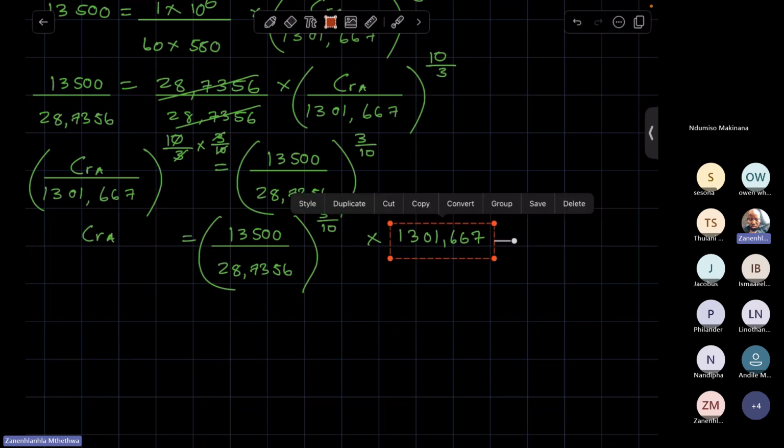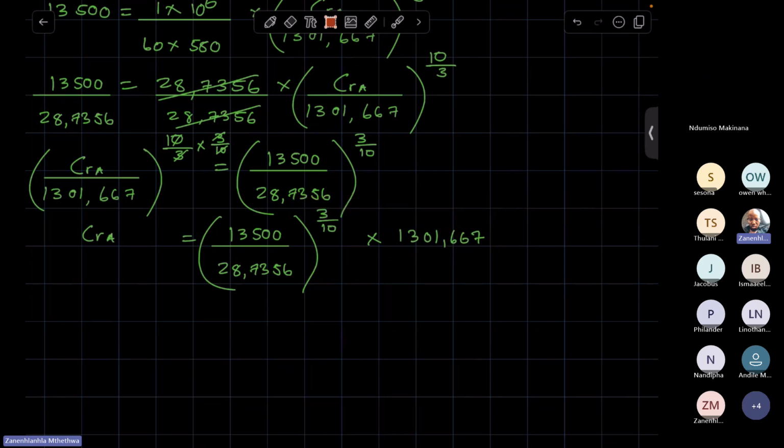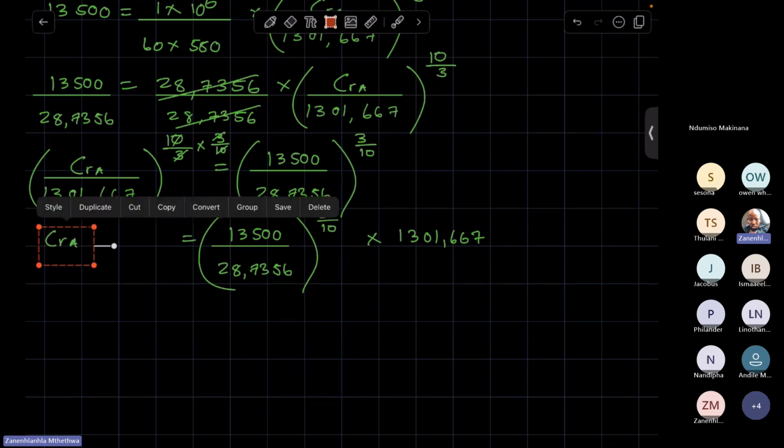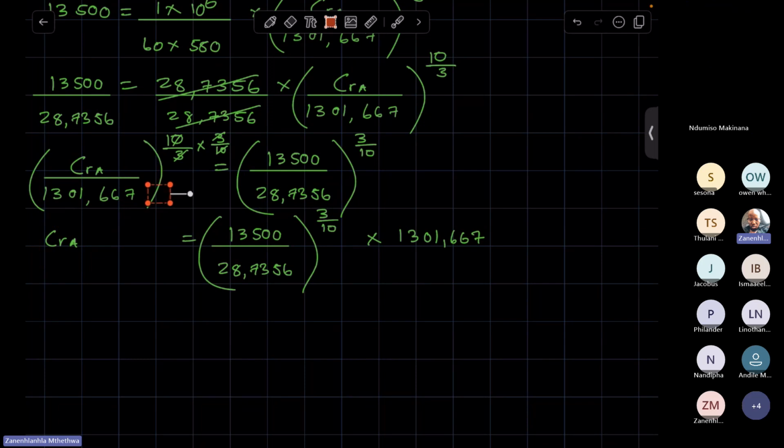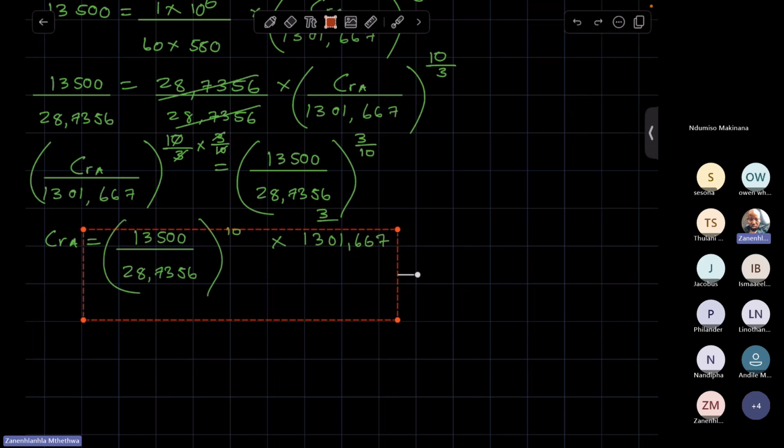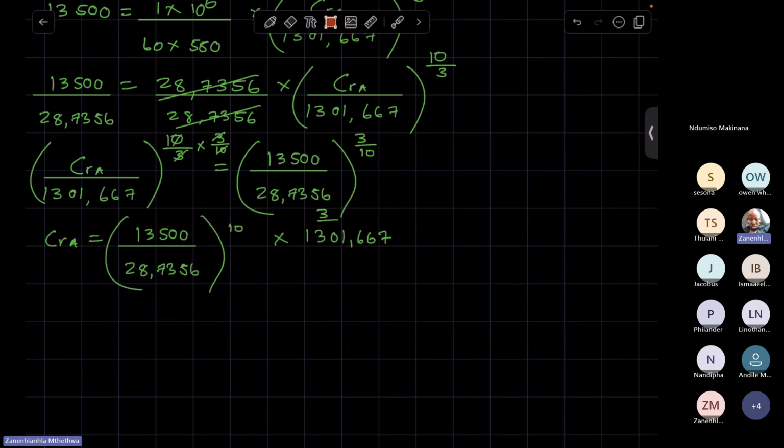So CRA will be equal to this. So now you can calculate to get the value of CRA.